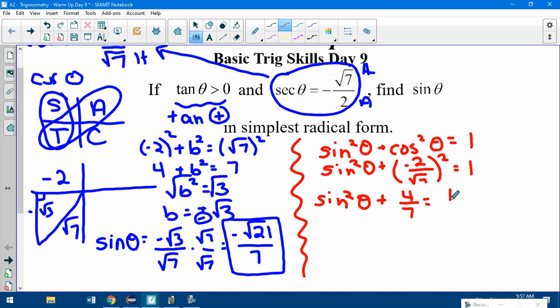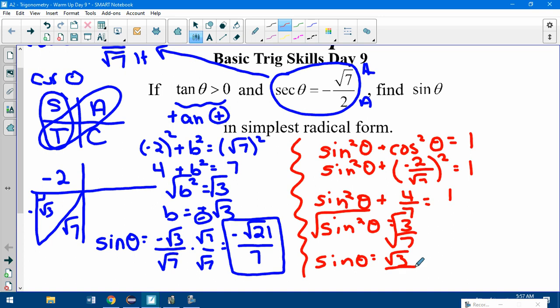And you want to think of this as 7/7. So subtract 4/7, you get sine squared theta equals 3/7. Take the square root. You can see I'm going to get the same answer. Sine of theta equals the square root of 3 over the square root of 7, plus or minus, remember, because I took a square root.